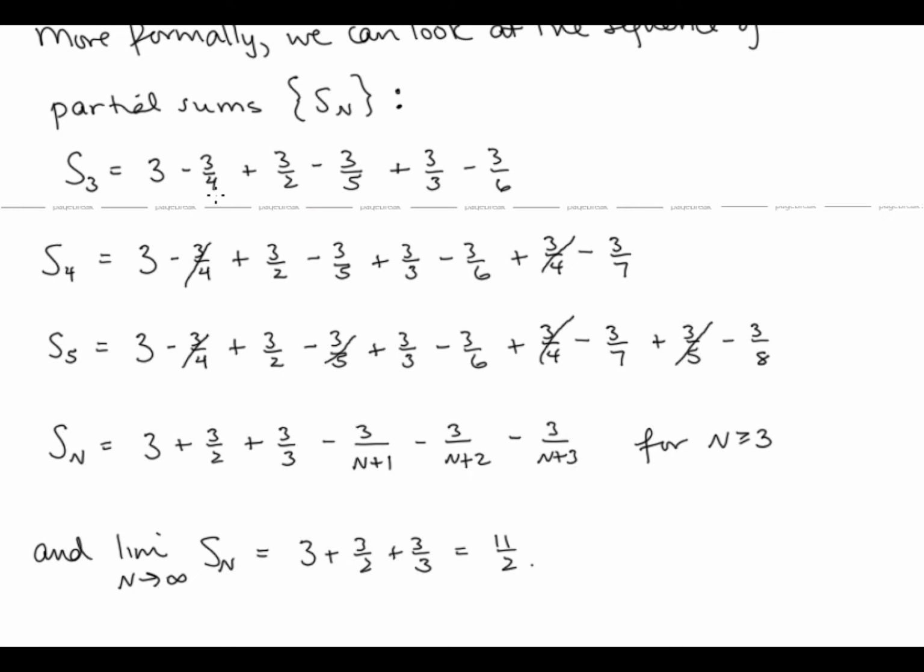That's what we have here, and here, and same here. So for all n's greater than or equal to 3, our partial sum S sub n looks like this. And taking the limit as n goes to infinity, we can see that these three terms will go to 0. And so our sequence of partial sums converges to 11/2. And so our series converges to 11/2.